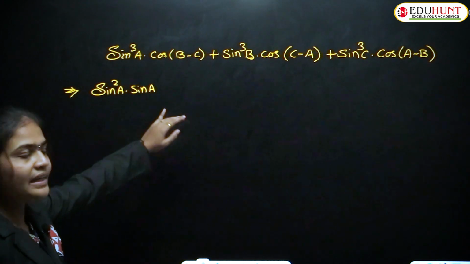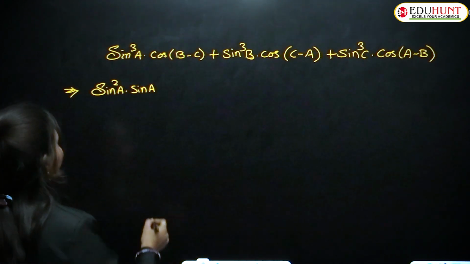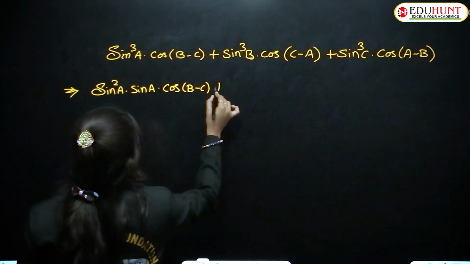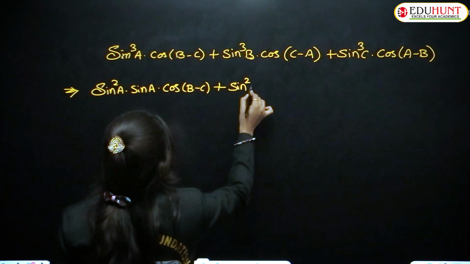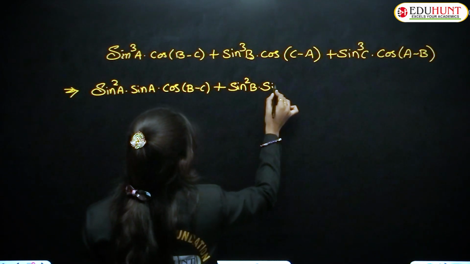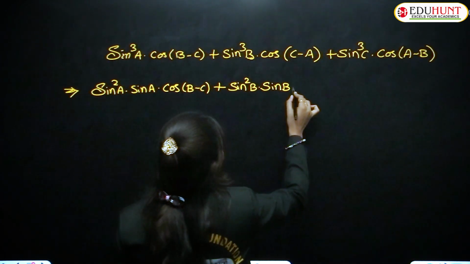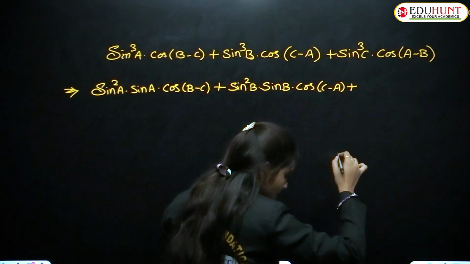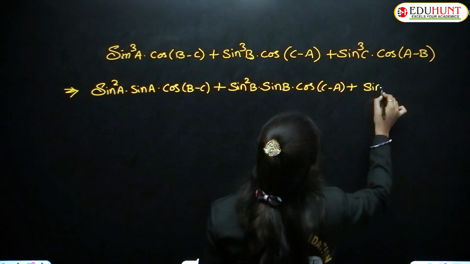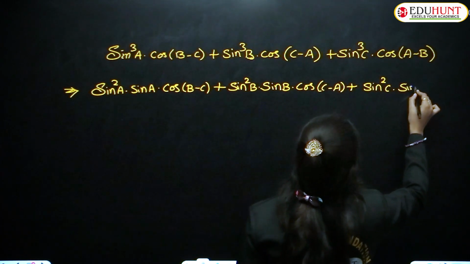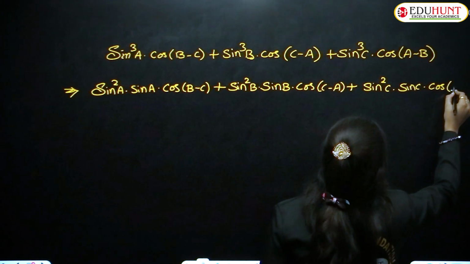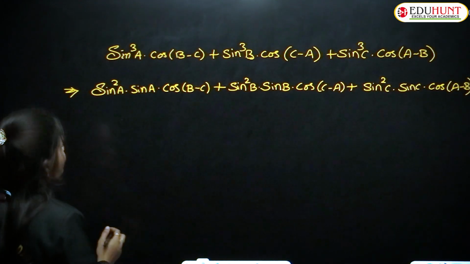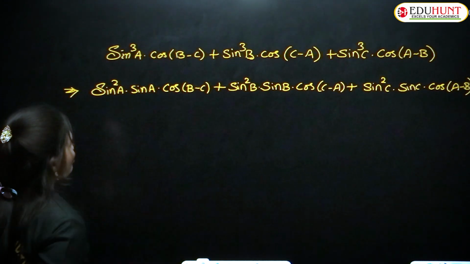Sin square A into sin A. Again that is sin cube A into cos of B minus C, plus sin square B into sin B, again that is sin cube B into cos of C minus A, plus sin square C into sin C into cos of A minus B. Am I clear? So from this one we have sin A cos of B minus C.